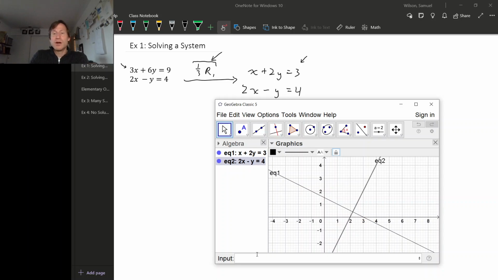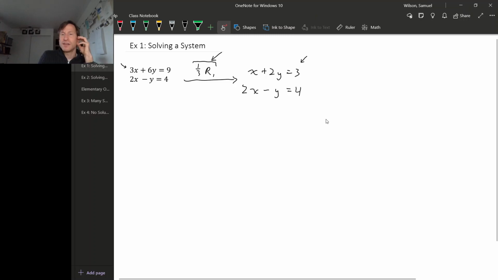If we replace the first line with, you see GeoGebra has actually already simplified the first line, so it's already multiplied it by 1/3. So these two equations do genuinely describe the same collection of solutions. GeoGebra actually knows that.